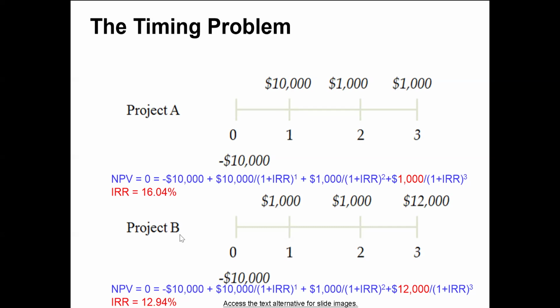But project B has bigger cash inflows in the later periods, so it is highly sensitive to the discount rate.